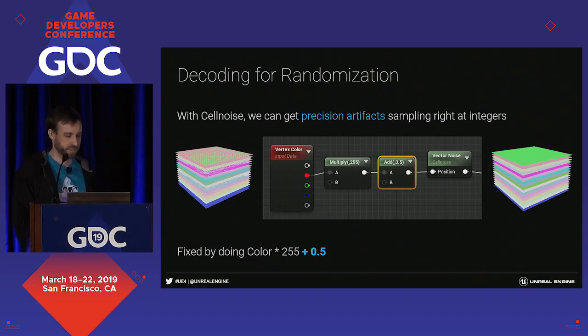So a fix there is, after you multiply by 255, you add 0.5, and that moves the sample point to the center of each one of those little grid cells. You could also add something like 0.01, but it's better to be safe and add the value that gives you the furthest distance from the edges. Why not be correct if you can? And that gives you perfect colors where every card will have a different random value, guaranteed.